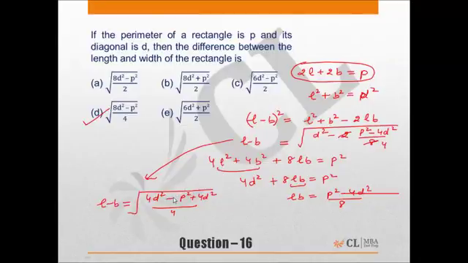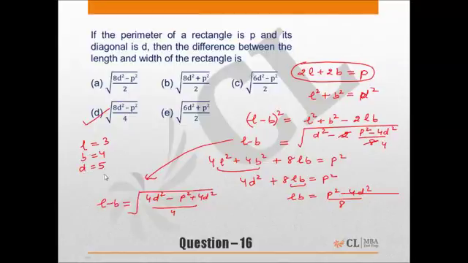But you can actually solve this question by putting some values. Let's consider that the length of a rectangle is 3, width is 4 or vice versa. Then the diagonal is going to be 5.